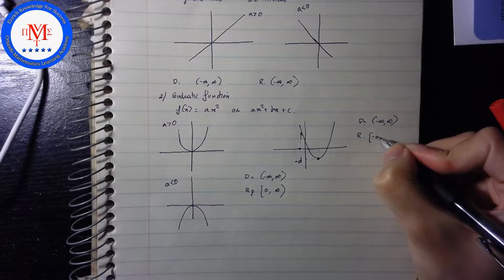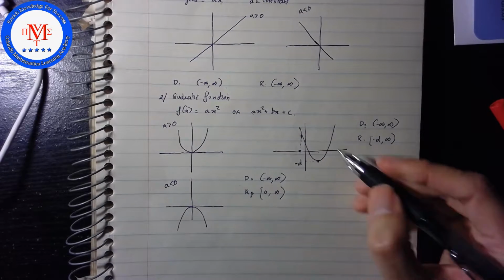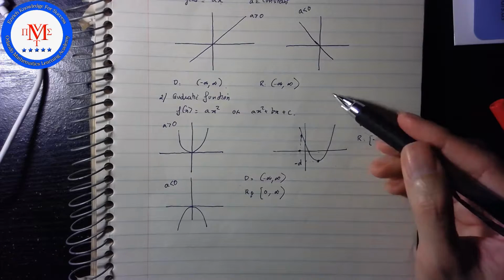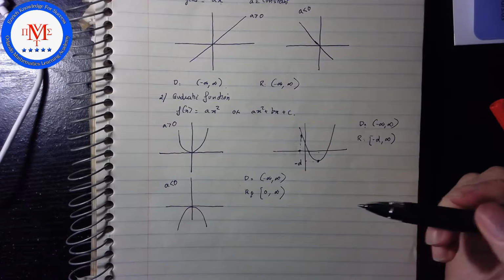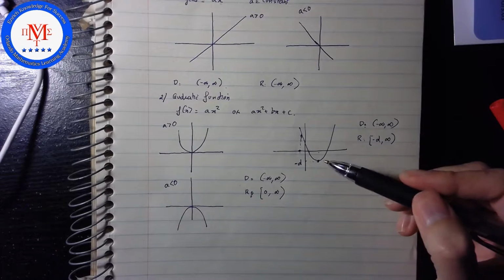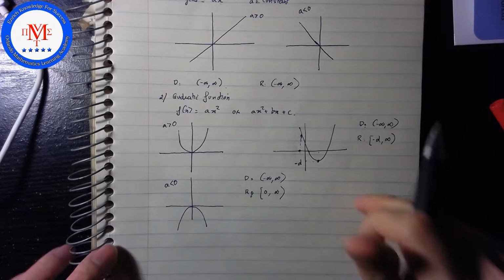Or it could be upside down, and then from the maximum point to negative infinity. We will explore the meaning of maximum and minimum later in this lecture, on the third part of this lecture.